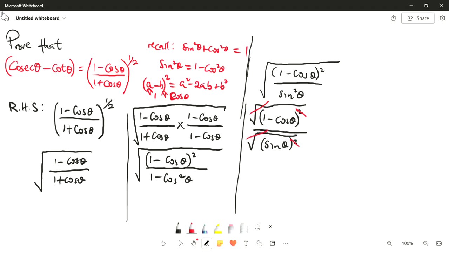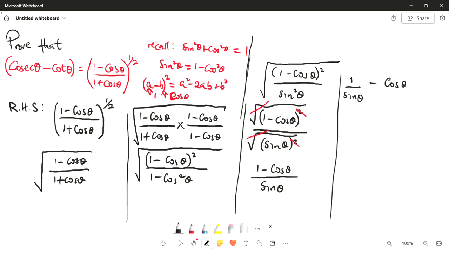This leaves us with 1 minus cosine of theta over sine theta. What we do next is say that this will be the same as the first part of my numerator divided by the denominator, then minus the second part, which is cos, also divided by the denominator, sine theta.